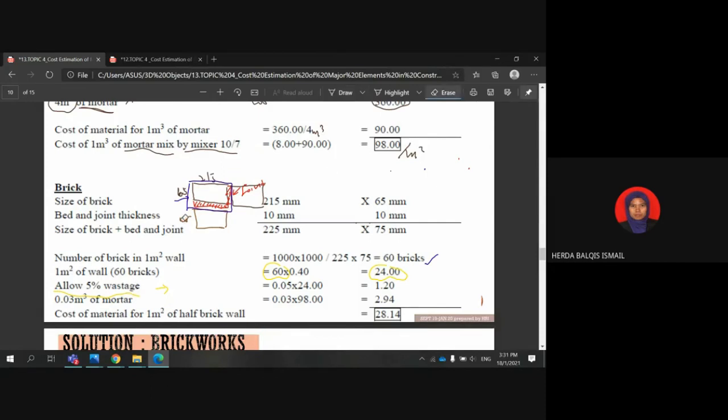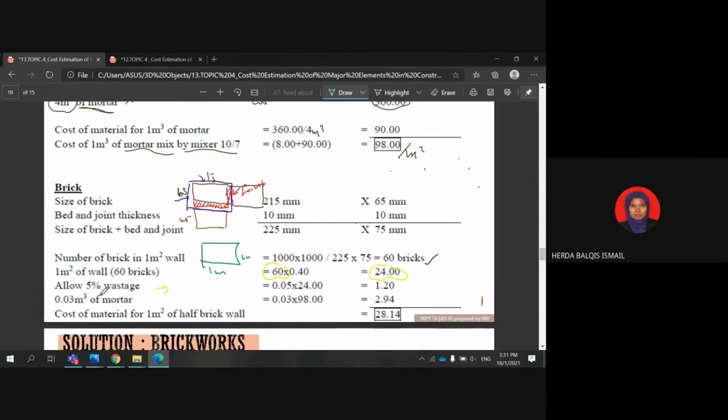Right. So how much mortar is required in order to fix the 60 bricks, or 1 square meter of brick wall?